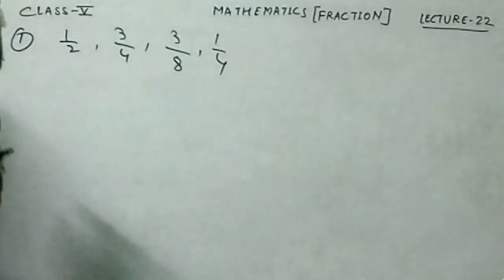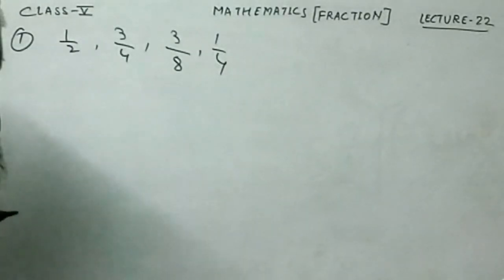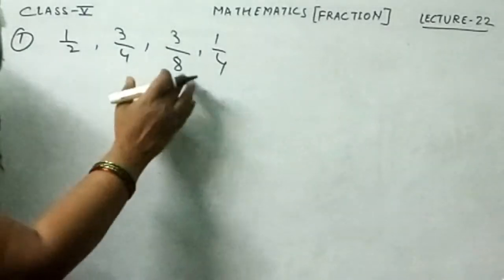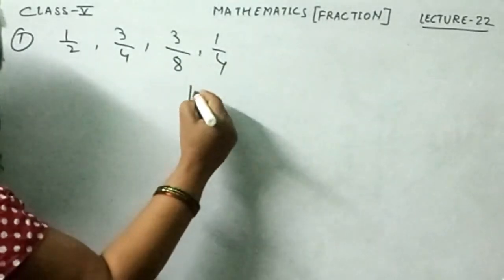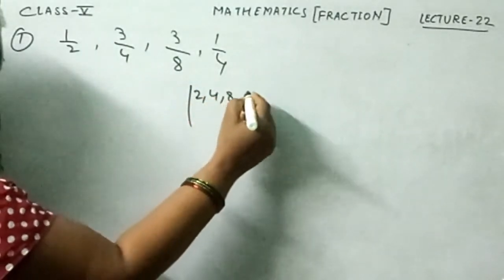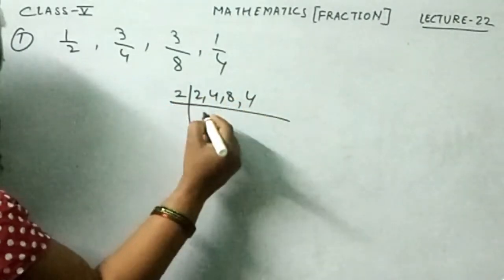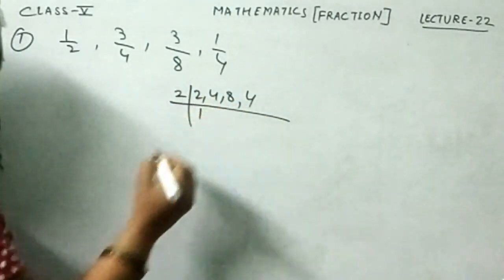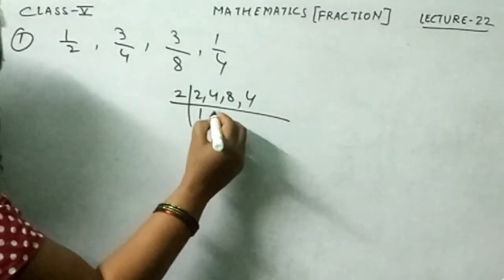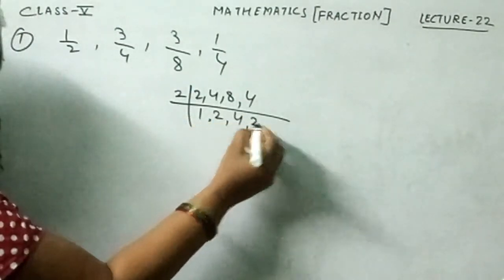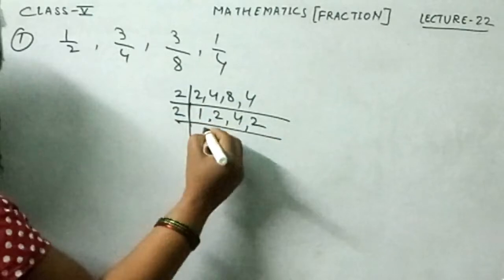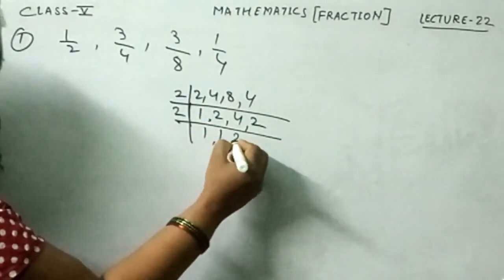So the first work is here. You have to make the LCM of 2, 4, 8, 4 together. I told you to take from the lowest number. 2 1s are 2, 2 2s are 4, 2 4s are 8, 2 2s are 4. Again 2 1s are 2, 2 1s are 2, 2 2s are 4.